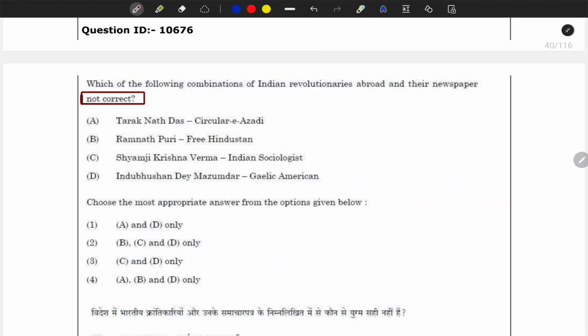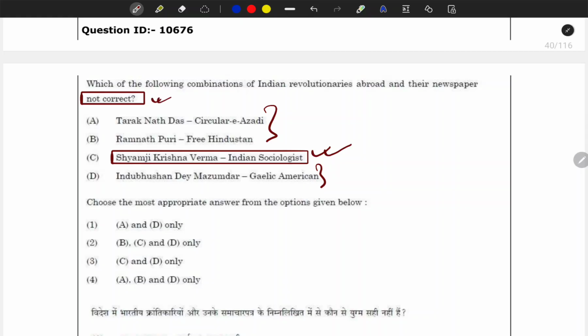Whether you know about this: Taraknath Das, Circular-i-Azadi; Ramnath Puri, Free Hindustan; Indian Sociologist by Shyamji Krishna Varma, these I know that he has written. Here, Indu Bhushan De Majumdar, Gaelic American. I'm not sure about all three, but I knew about only one literature, and this got me the correct answer.